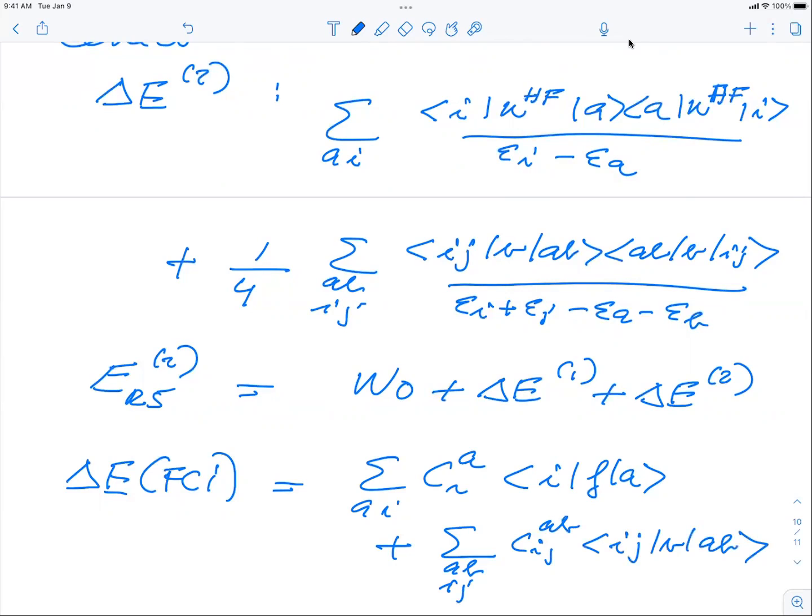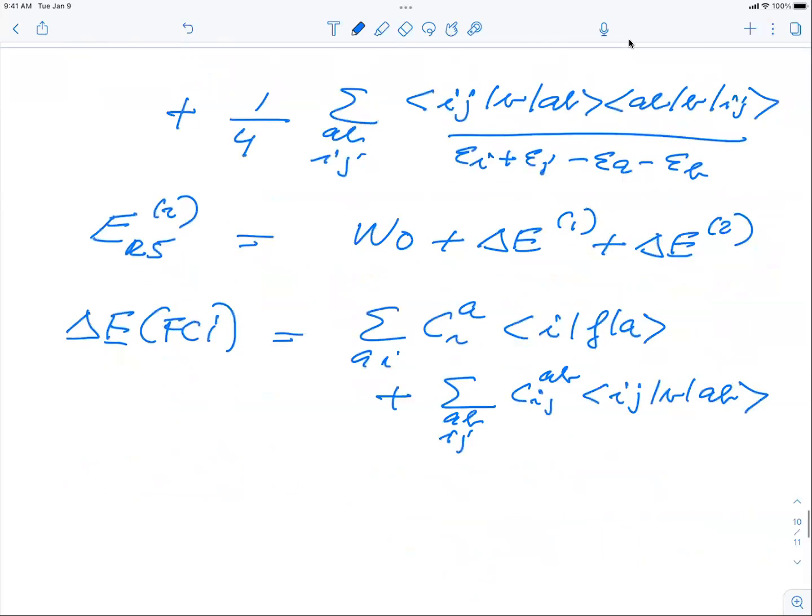Now we can start making comparisons. And now you will see that in perturbation theory, what we have is that C_IJ^AB, which would be exact if we can diagonalize the problem, is now proportional or approximately given, if we now compare.